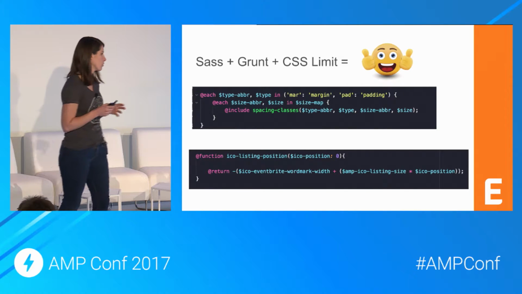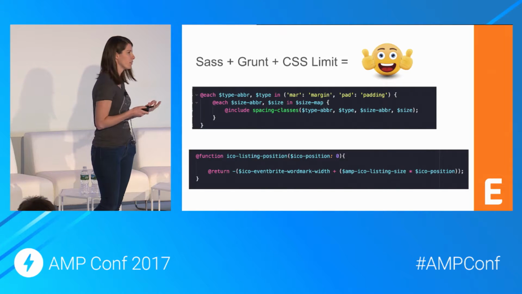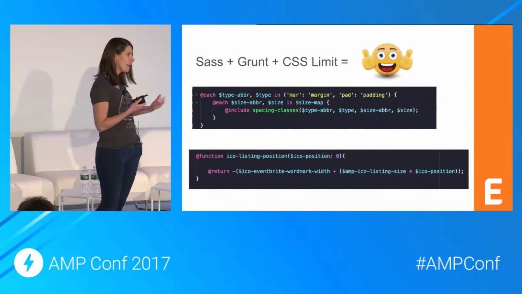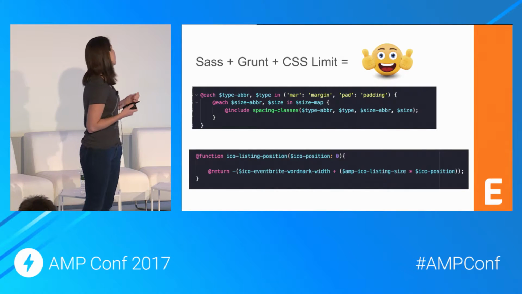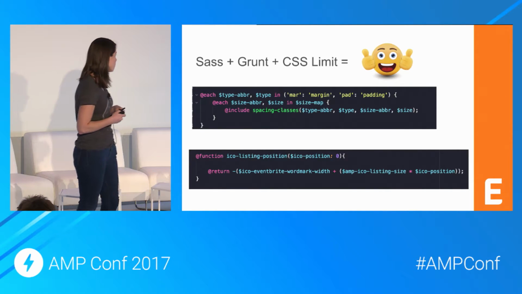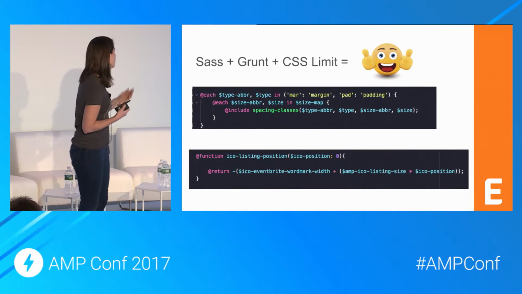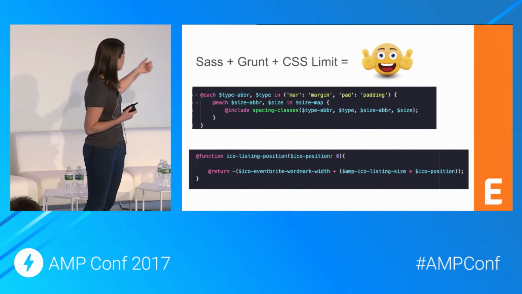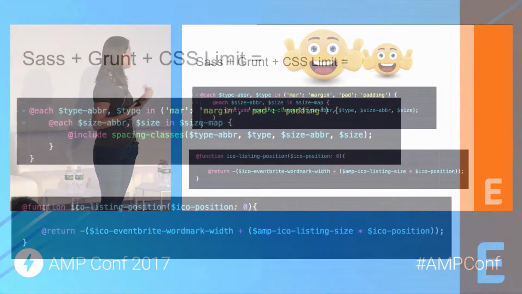If you're truly passionate about optimizing pages but keeping user experience and design, then AMP can do that as well. One thing that allows us to do that is using Sass, a CSS preprocessor, and it also helps when you want to go quickly. We're able to use complex logic within our Sass. The first one is creating spacing classes.